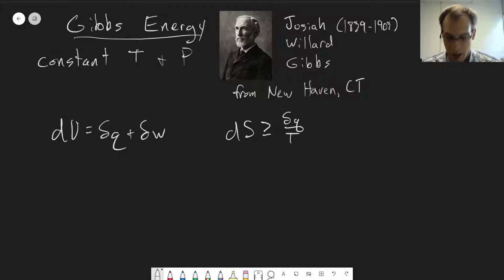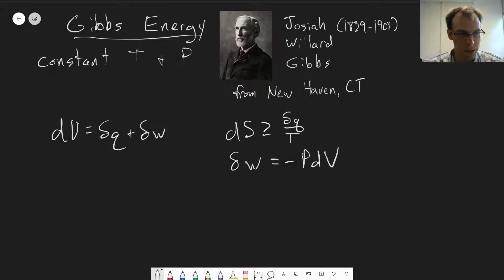And now, work can happen because volume can change, right? This is not a constant volume process, this is constant pressure. And so we need to define the work. And that for a reversible process is equal to minus p dV.